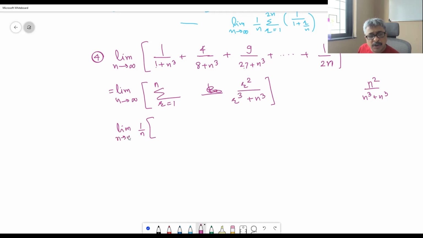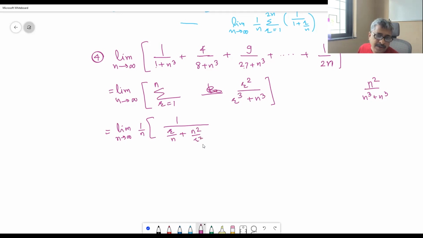Limit n tends to plus infinity 1 upon n. If we pull out and then put this r square in the denominator, then what will we have? 1 upon r cube upon r square is r, upon n plus n square by r square.